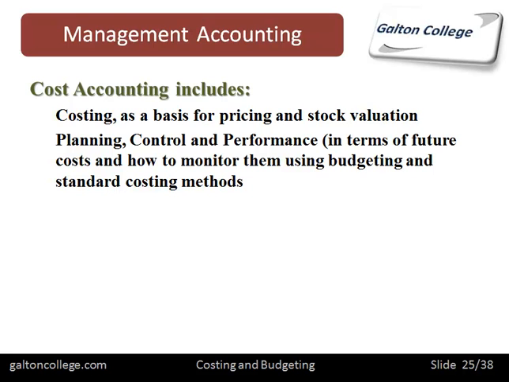So it's important that the management understand the costs and how much the costs are, so that they can then work out what to charge for the product. So cost accountants perform a very important function within the business.